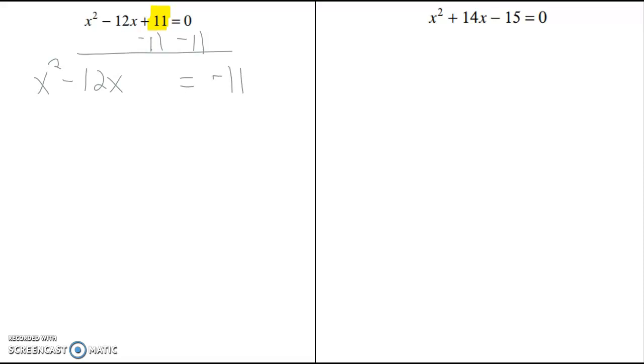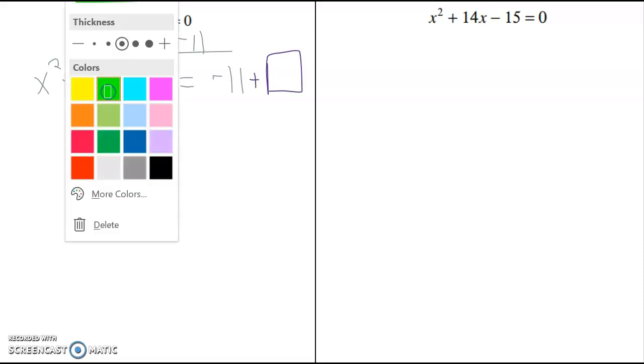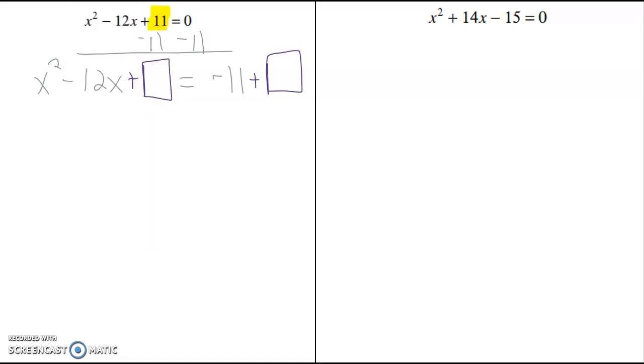equals, and on the right-hand side, I've got negative 11. And if you've noticed, I've left a big space there because we need to add something to both sides. So I'm going to put a placeholder in there, plus something, plus something, and we need to figure out what that something is. So we need to look at the term in front of x.